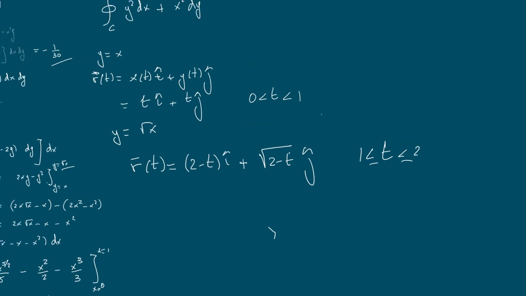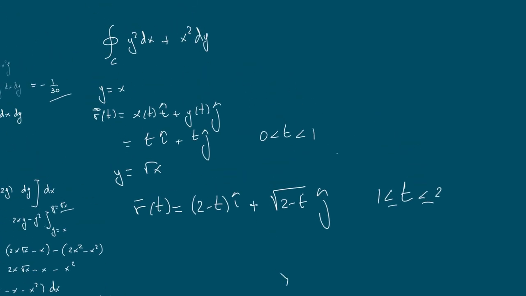So the line integral that we have to do is the line integral over the curve C1, that is the rectilinear line, plus the line integral over the curve C2, that is y equals square root of x that we have parameterized. So what is the y over C1?